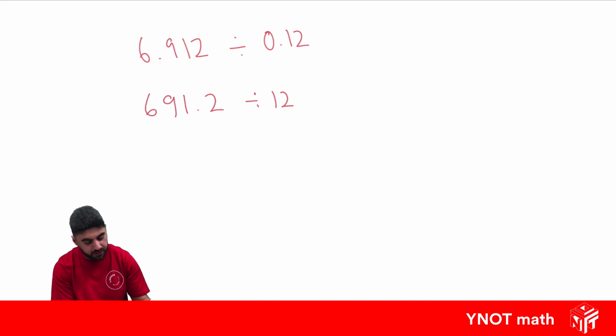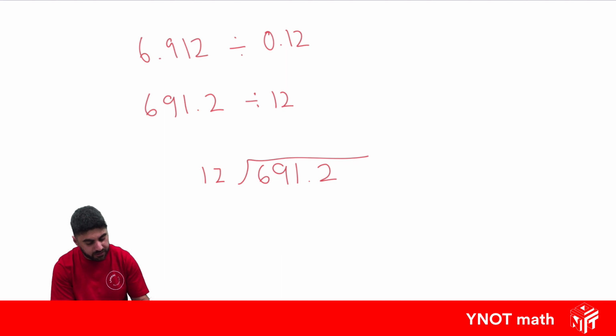So then we're going to write that in short division form. 691.2 divided by 12. Now we want to see how many times does 12 go into 6? Well, it doesn't. How many times does 12 go into 69?